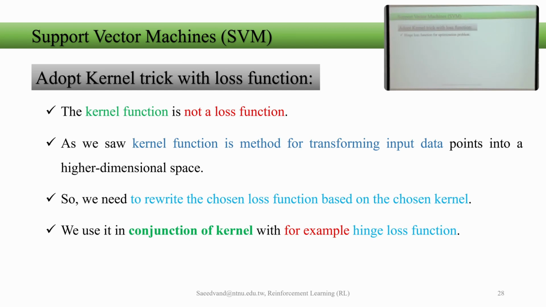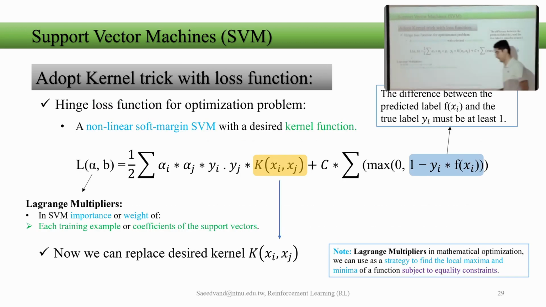So if we want to write the hinge loss function as a nonlinear, soft margin SVM, because we said we have a maximum or soft margin, we can write the equation like this.